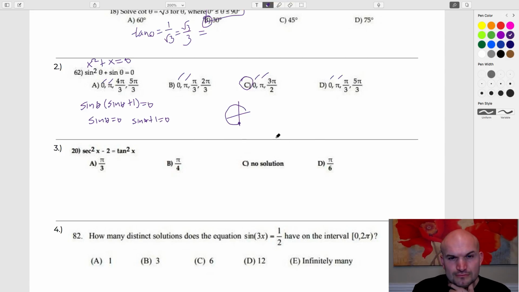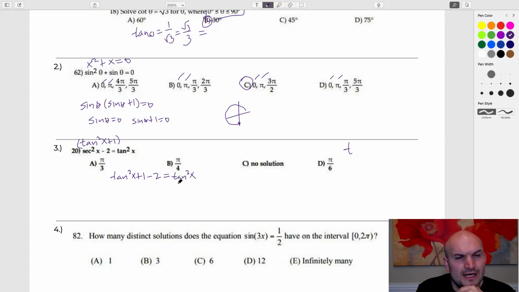So what we can do here is replace secant squared with tangent squared of x plus 1. So therefore, I can write this as: tangent squared of x plus 1 minus 2 equals tangent squared of x.